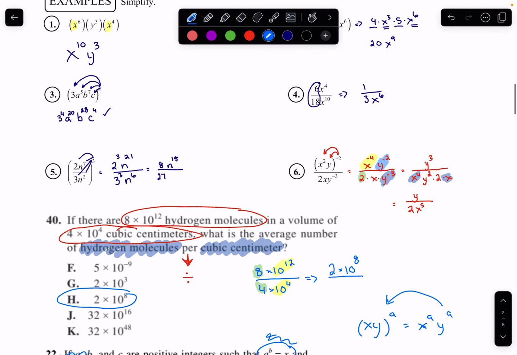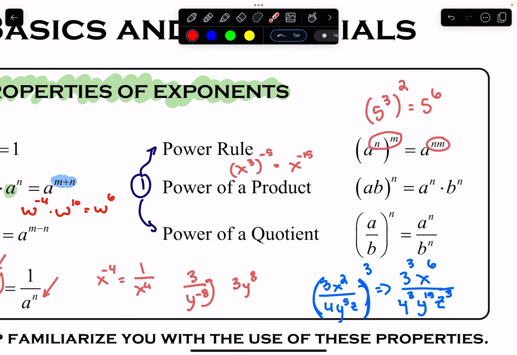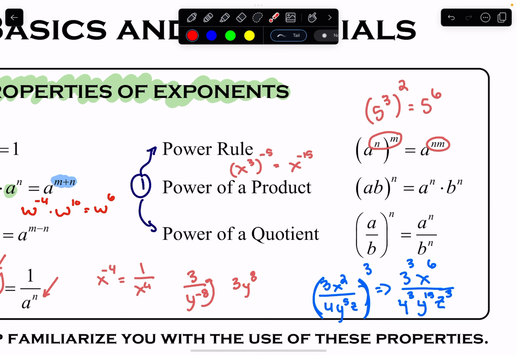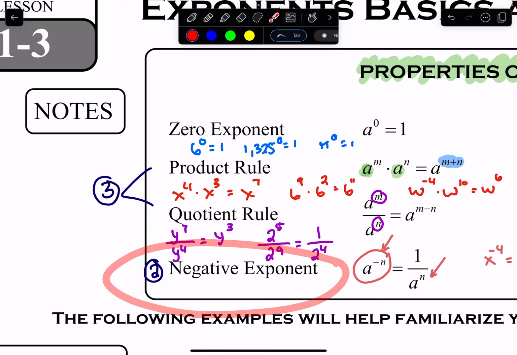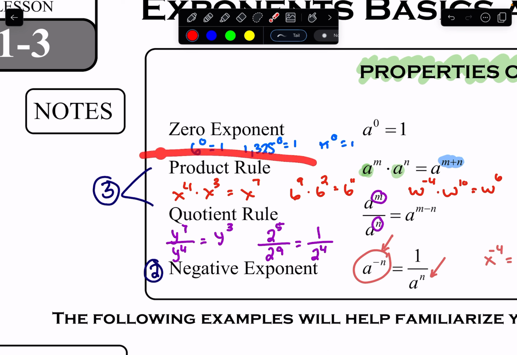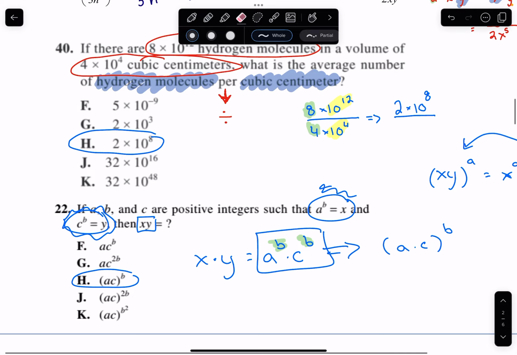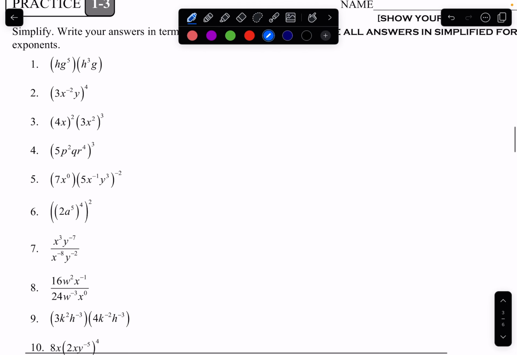So what you need to do on all of them is try to use one of these rules first, if there's an exponent on the outside of parentheses, then get rid of all the negative exponents, then use the product and the quotient rule to cancel things out on top and bottom or combine things if they're on the same level. And then if you have any numbers left over, just nice numbers, go ahead and put those in your calculator to finish up the problem.